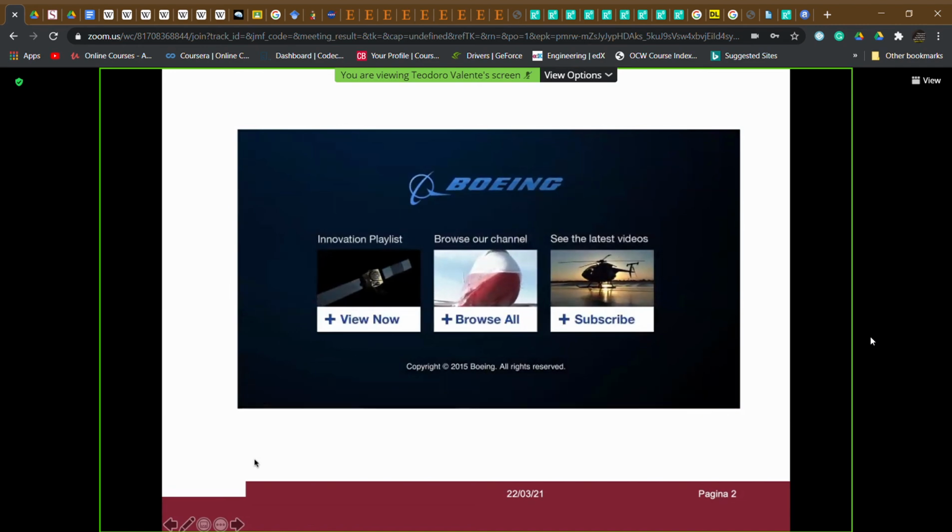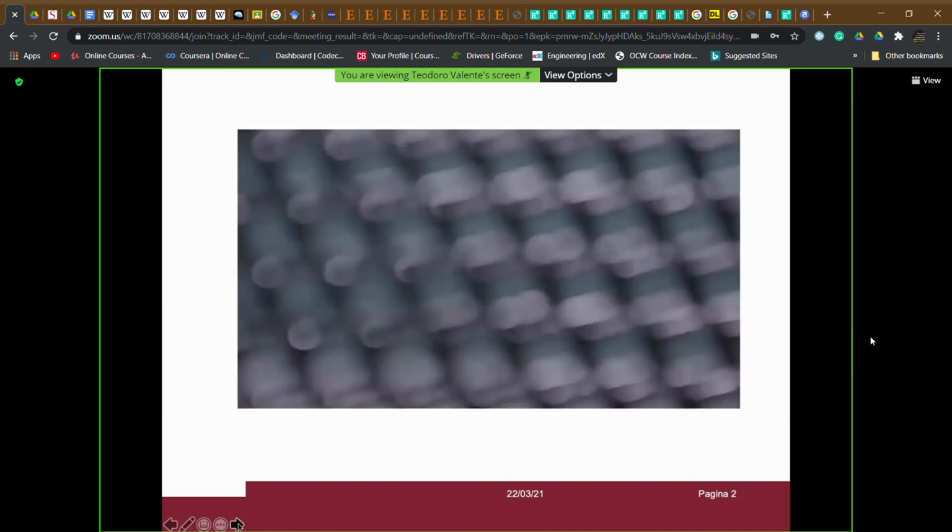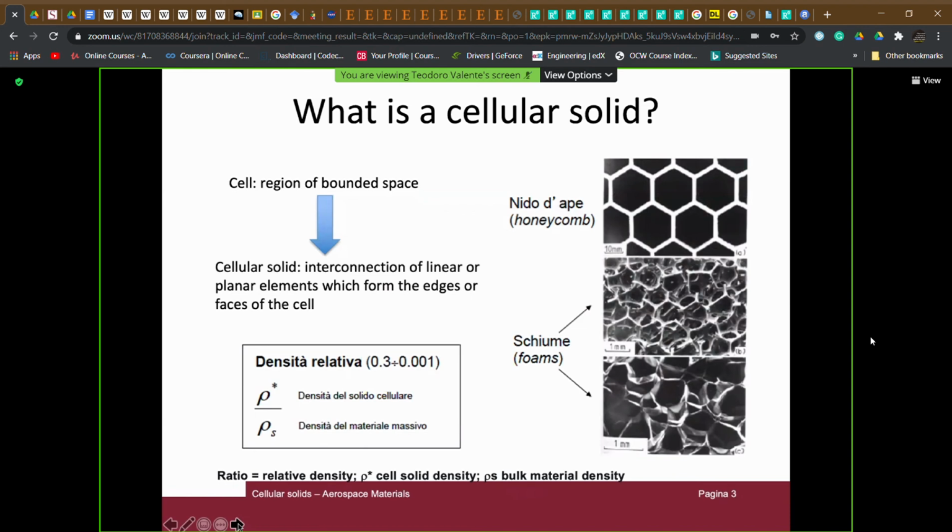Okay, so first of all, materials which are essentially void. Two basic concepts from the previous video, then we will add something.